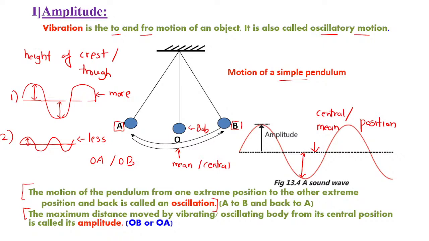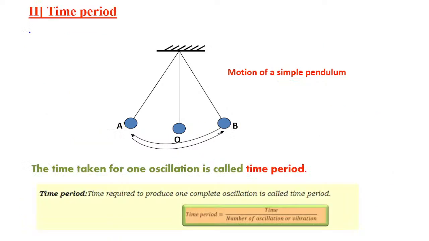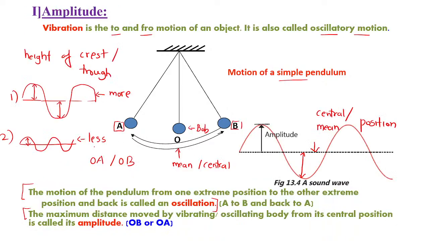Let us move to the next characteristic, that is time period. What is the meaning of the word time period? Time period is nothing but the time taken for one oscillation. How do you define one oscillation? One oscillation is the motion of the pendulum from one extreme position to the other extreme position and back.